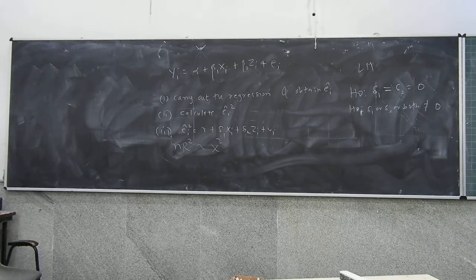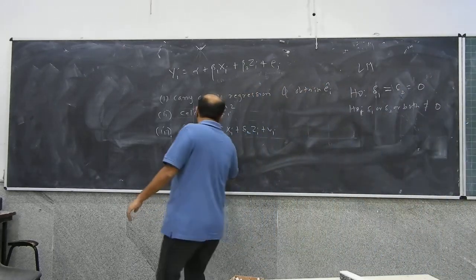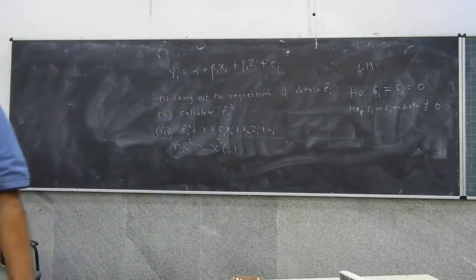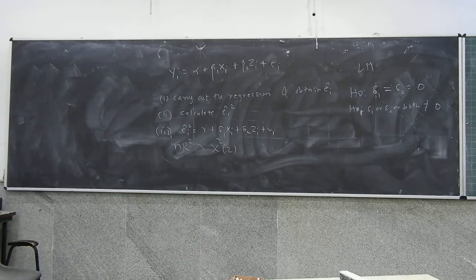In this case, how many restrictions have you imposed? 2. So this follows the chi-square distribution with 2 degrees of freedom under the null. So you actually calculate n R square.